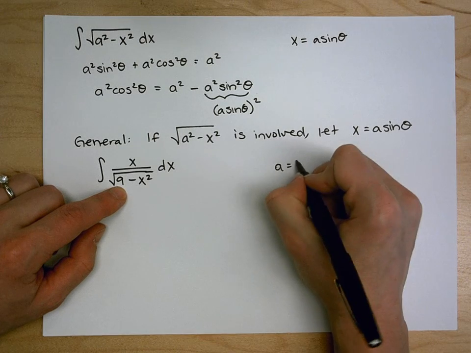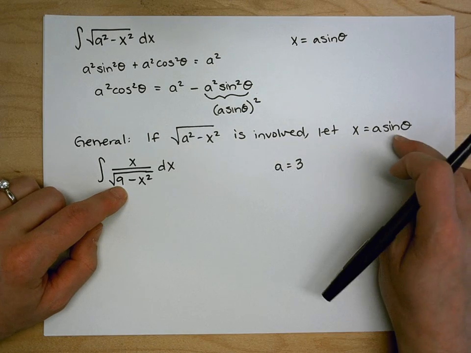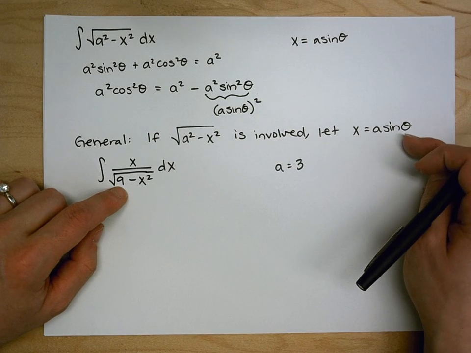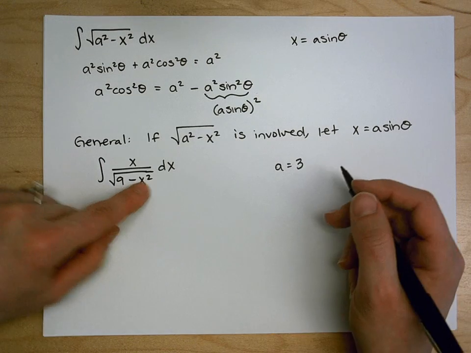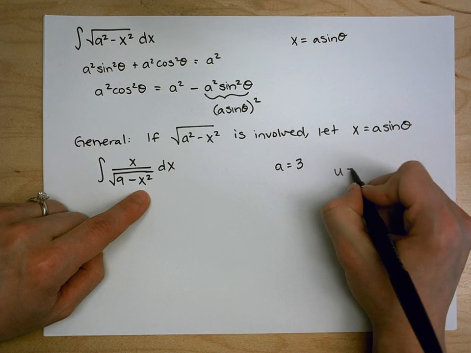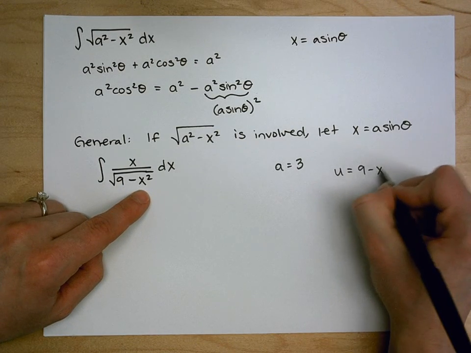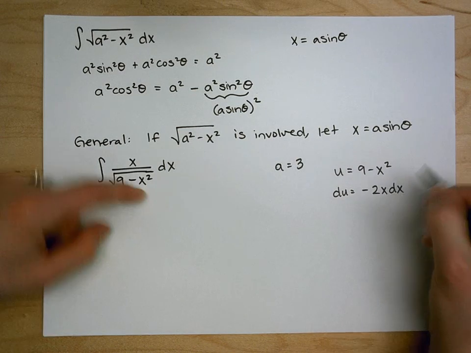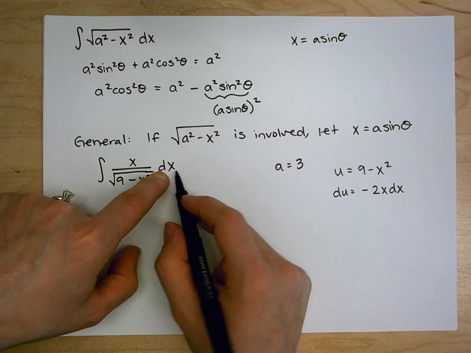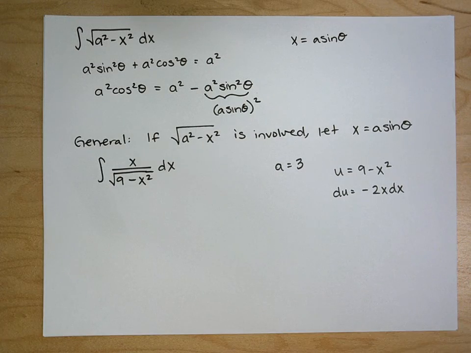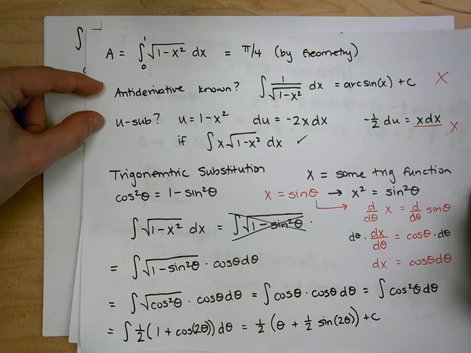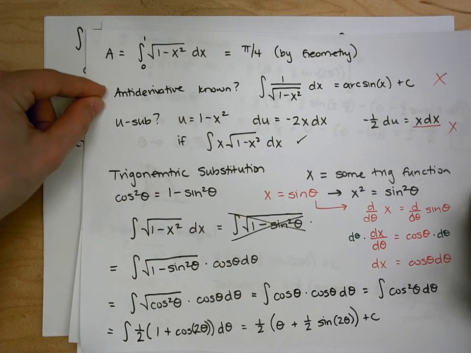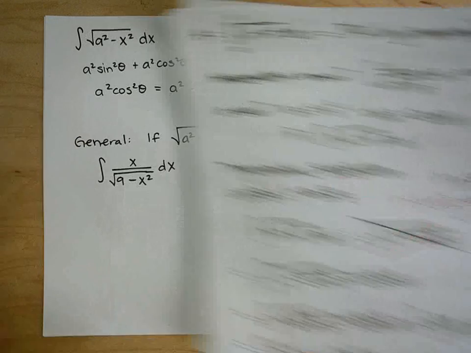And that's not to say you can't use this trig substitution idea. You absolutely could. But notice with this one, I could actually use u substitution instead. I get u equals 9 minus x squared. du would be negative 2x dx. Here's my x dx. So that's when it's important to run through this process of what can I use? Do I already know the antiderivative? Can I use u sub? Start with the things that are easiest first and then go from there.